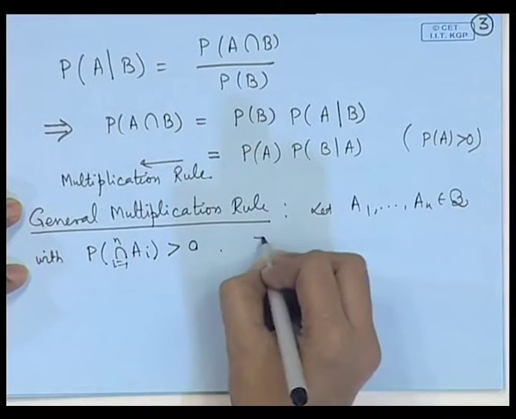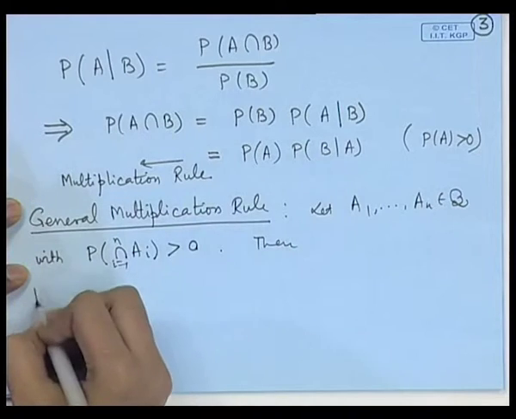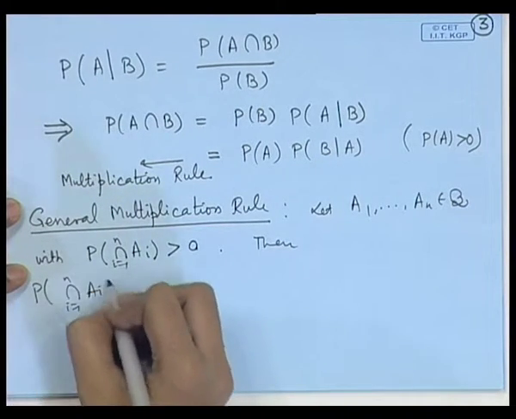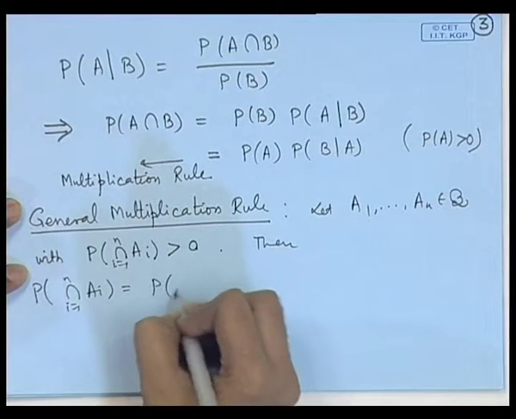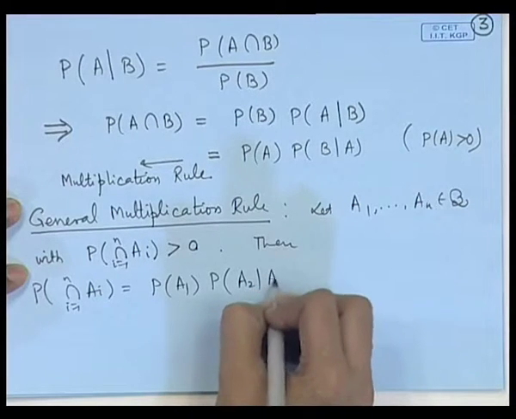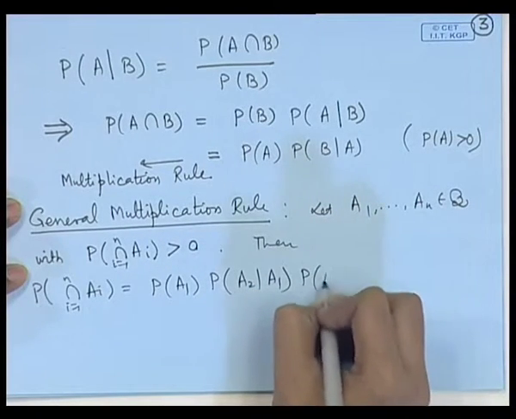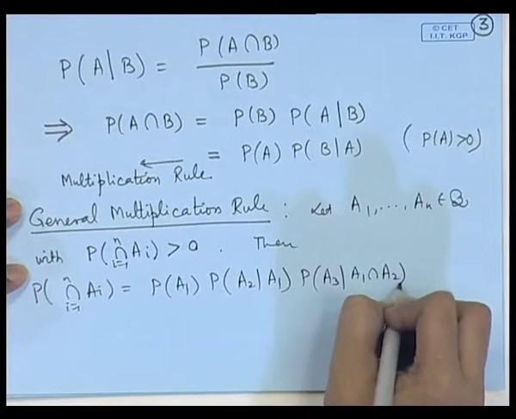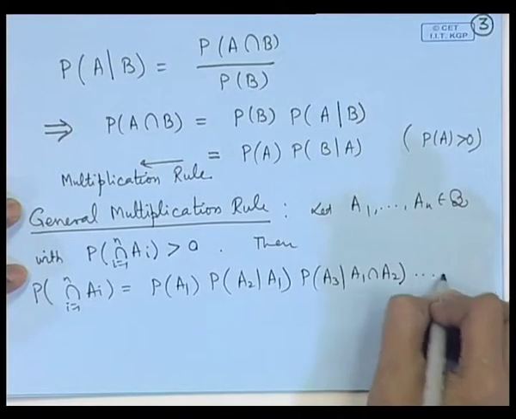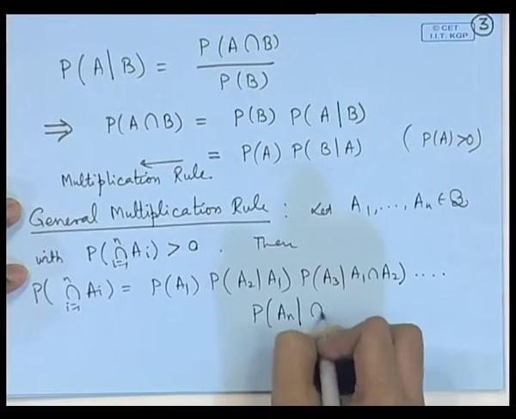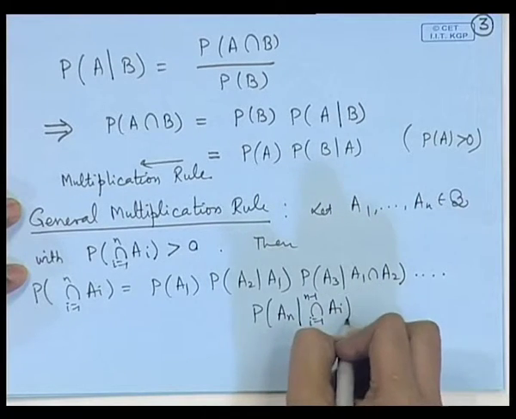Then the probability of the intersection of A i, i equal to 1 to n, can be expressed as probability of A 1 into probability of A 2 given A 1 into probability of A 3 given A 1 intersection A 2, and so on, probability of A n given the intersection of A i, i equal to 1 to n minus 1.